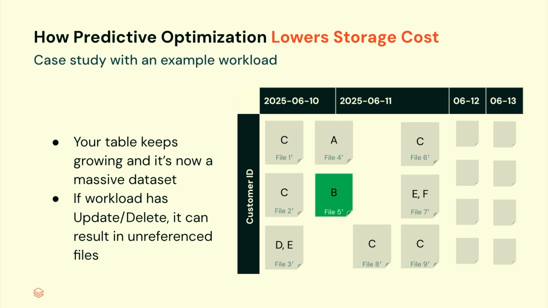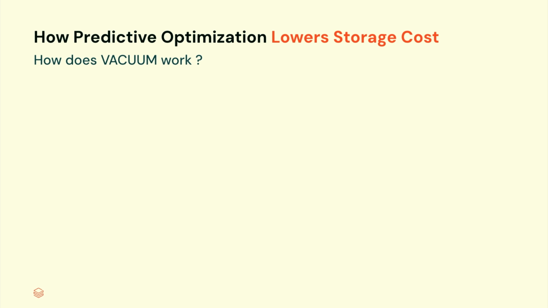So how do we keep these storage costs in check? The Vacuum SQL command cleans up these unreferenced files and keeps your storage costs in check. How does vacuum work? Vacuum briefly does the following.